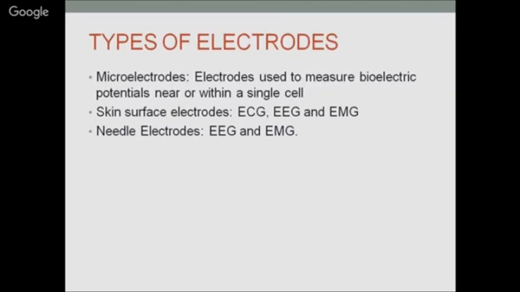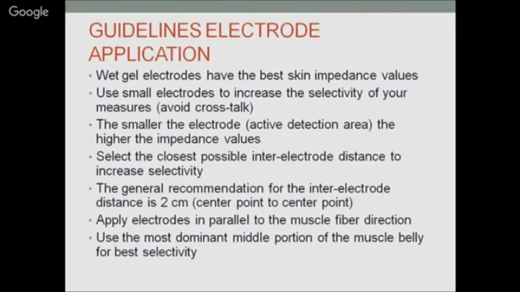Now, these are the guidelines which should be followed while placing the electrode. I think already I told the first point, that wet gel electrodes have the best skin impedance values, because they will make the contact better than other electrodes. Use small electrodes to increase the selectivity. Again, in case of microelectrodes, if you go for smaller area, I am not talking about the area which is just to place the electrode.